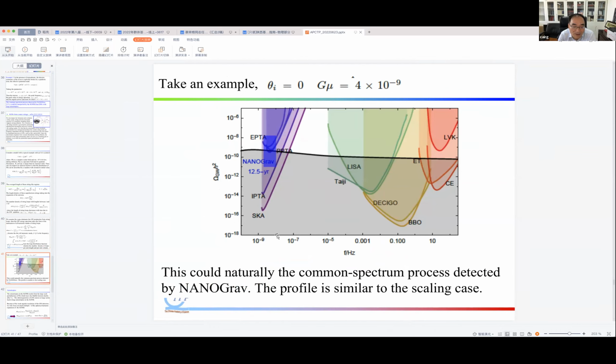So it's consistent with the current constraint. And if there is another explanation for the NANOGrav signal, the gravitational wave from the long string, in that case the constraint on the cosmic string, if my memory is correct, is 10 to the -10. So in our case it is one order higher than the long string.